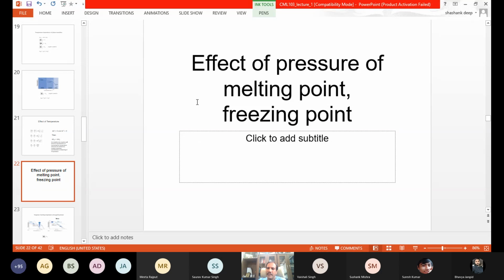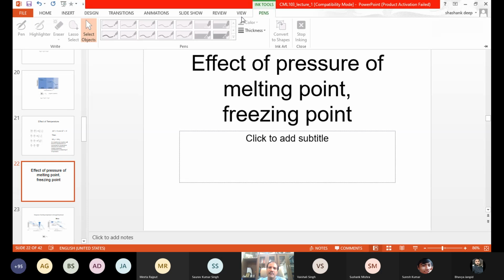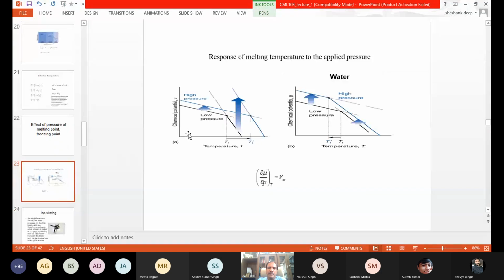So the effect of pressure on melting point or freezing point. Am I right? And that also I discussed last time. This was the response of melting temperature to applied pressure.